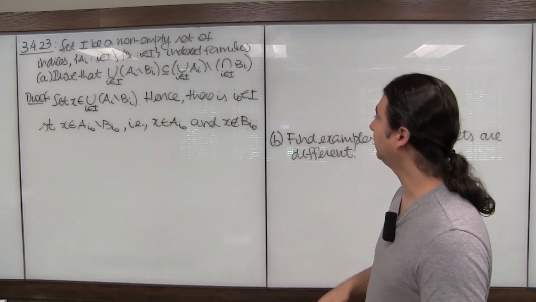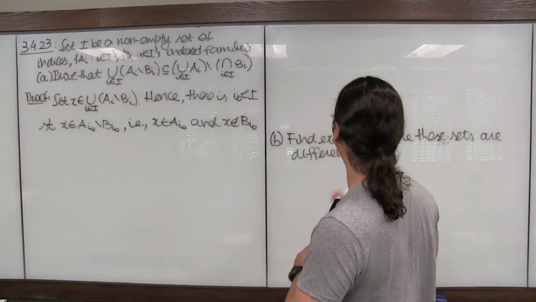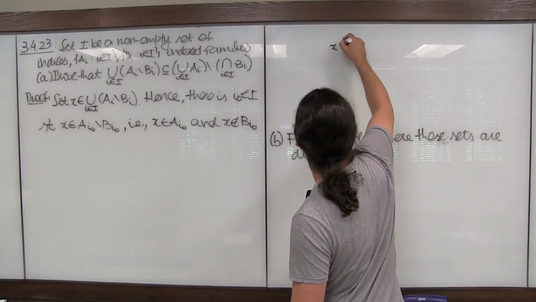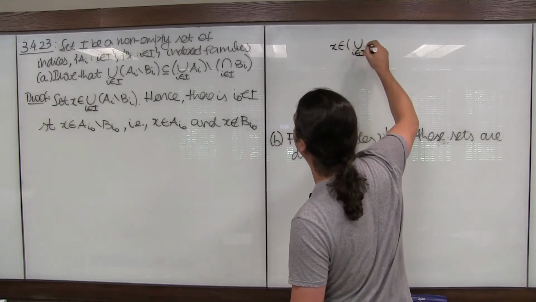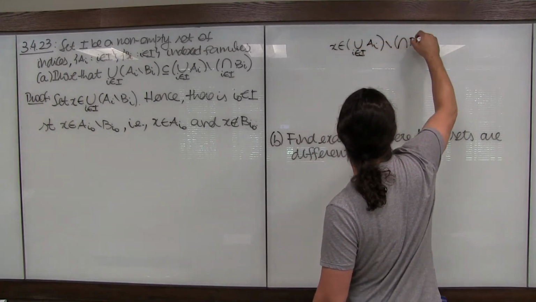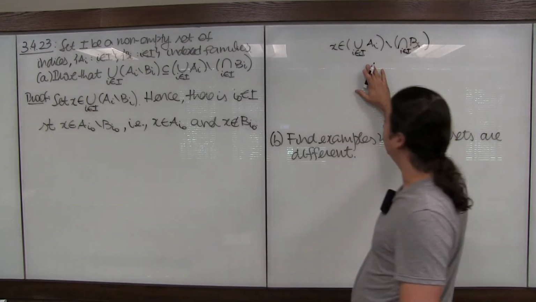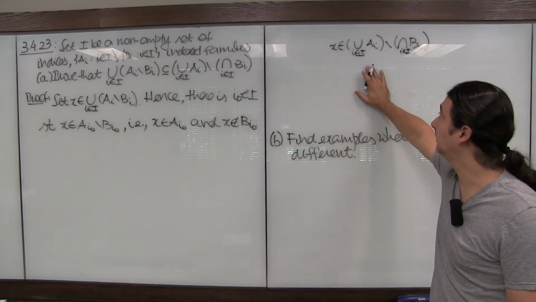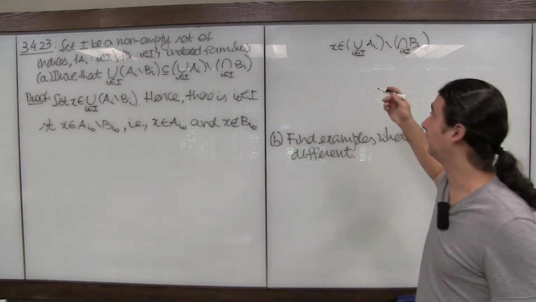Now it's time for you to look at where you want to get. So you want to get that x belongs to the difference between the union of the A's and the intersection of the B's. So you also have to understand what it means to be in there, and you write it explicitly.